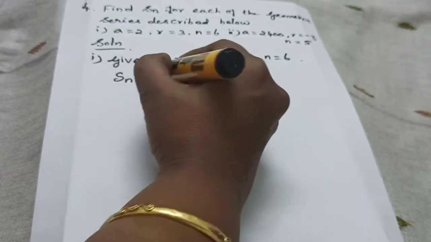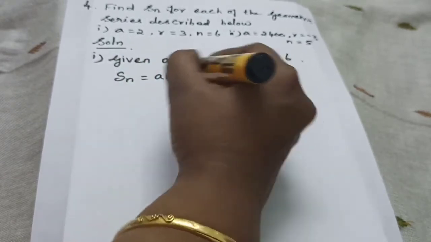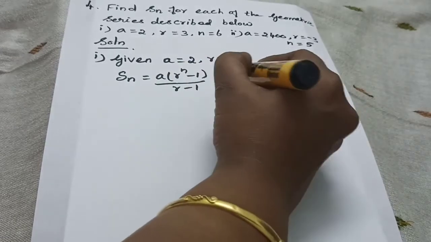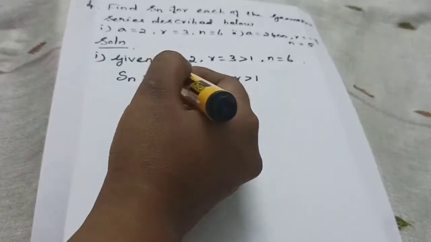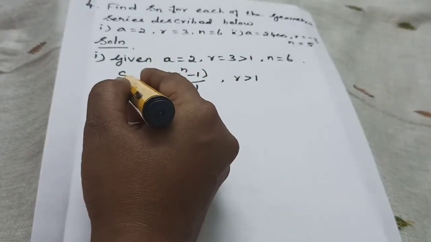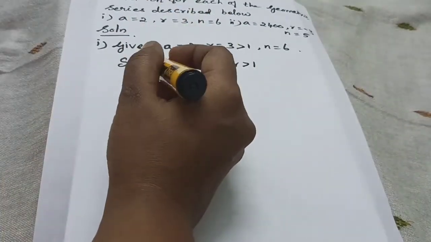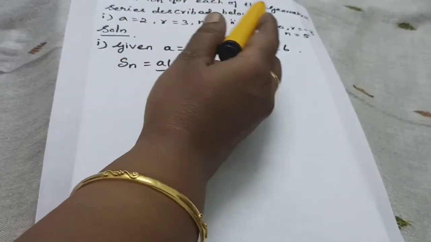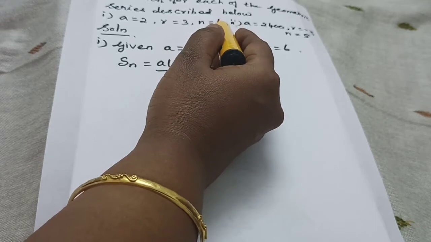Sn equal to A into R power N minus 1 divided by R minus 1. Why? R is greater than 1. So we select this formula. Then you want to find Sn for the geometric series. Here N equal to 6 is given.